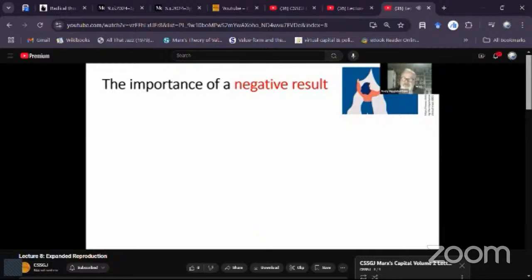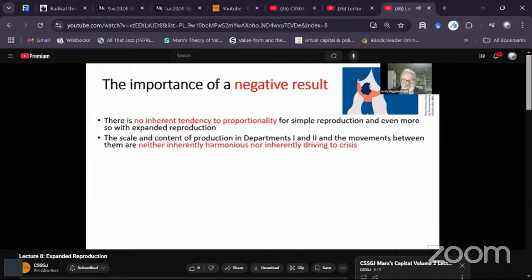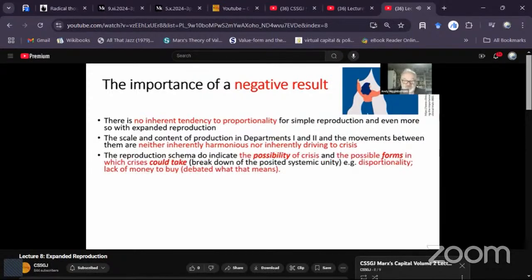And finally, I think that this is the importance of a negative result. What do I mean by this, right? There isn't any inherent tendency to proportionality, either in reproduction or expanded reproduction. They're neither inherently harmonious nor inherently driven to crisis. I mean, you can see that a crisis is possible.